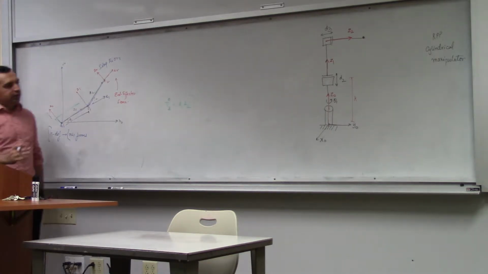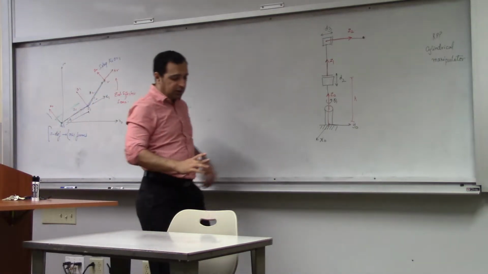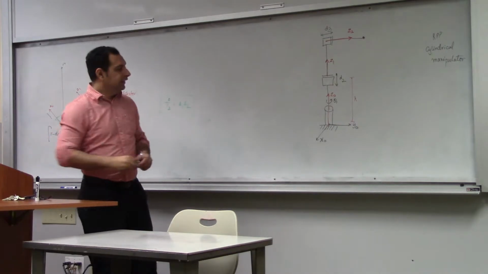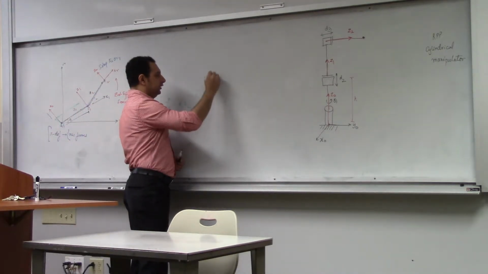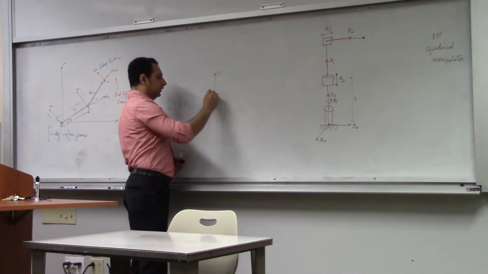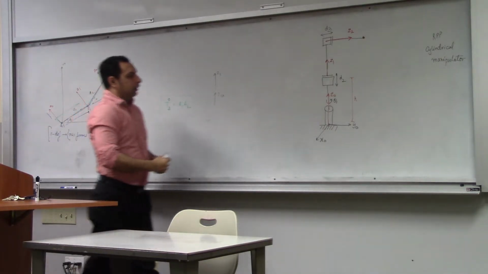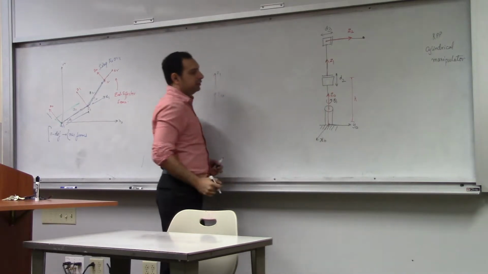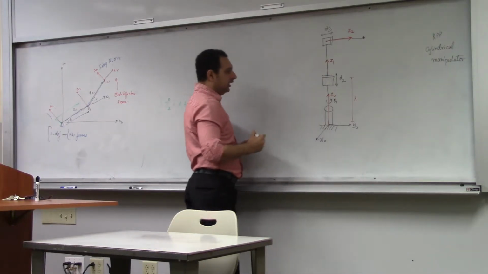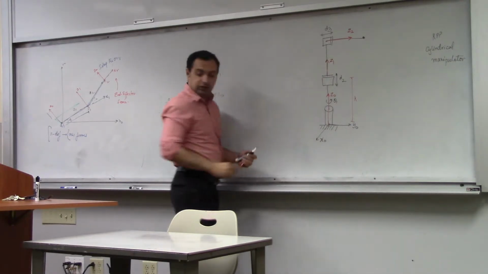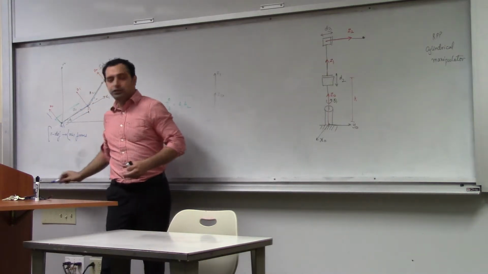Let's find the origins first. In this case, these two are collinear, right? This is Z1 and Z0. If you look at Z0 and Z1, they are collinear. So I can choose my origin wherever I like, basically along this line. So let's say that I decide to use the origin here.